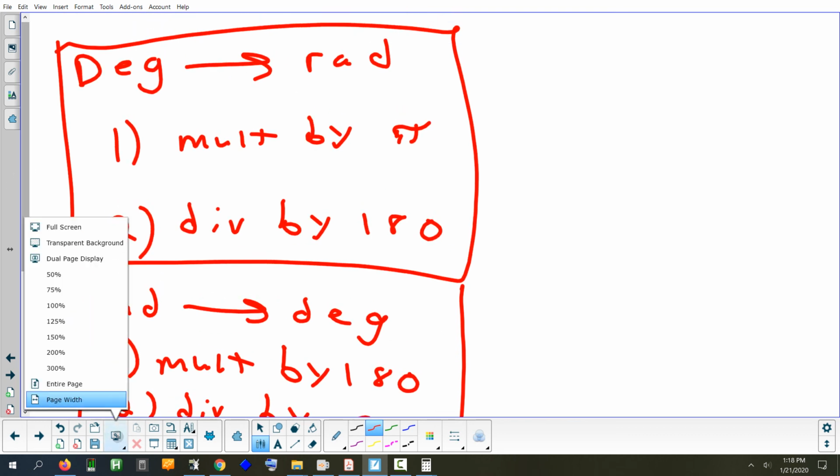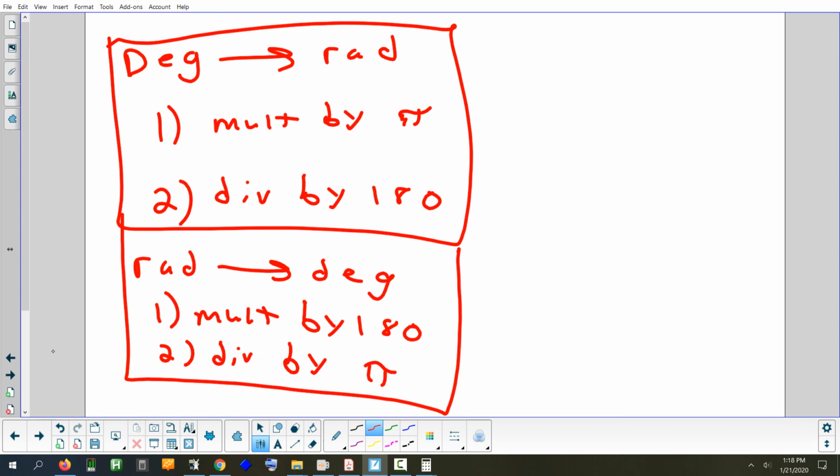Okay. So you know what, let me do it right next to the boxes. So change degrees to radians. 30 degrees. Okay. To change to radians, it says step 1, multiply by pi. Step 2, divide by 180. So you can multiply straight across, or you can reduce first.